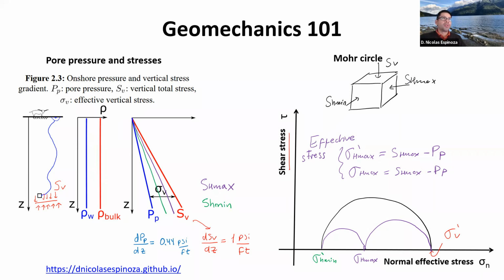All right, so now that we know what the stresses are in the subsurface, we're in a better position to see how we can limit injector fracturing or fault reactivation. So let's go to that.